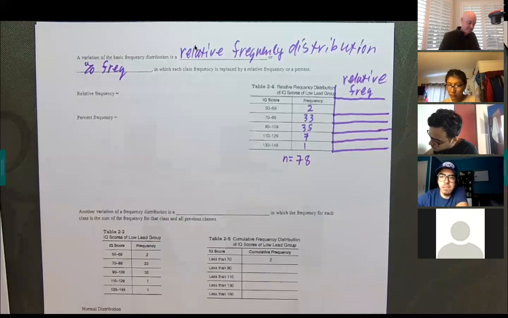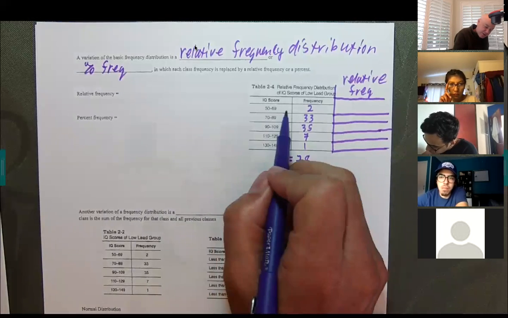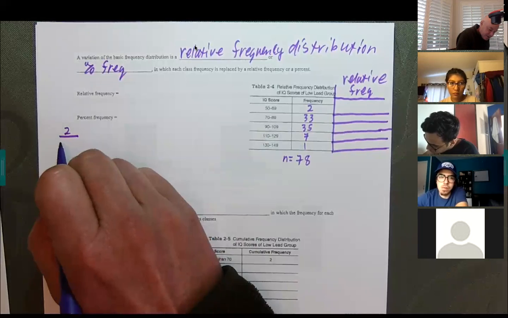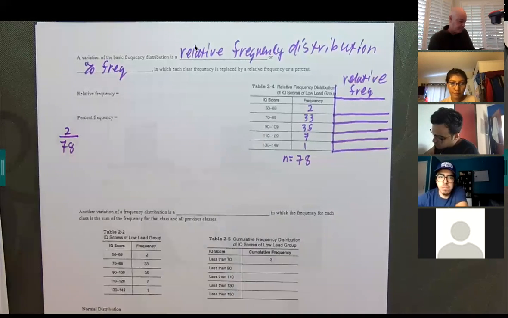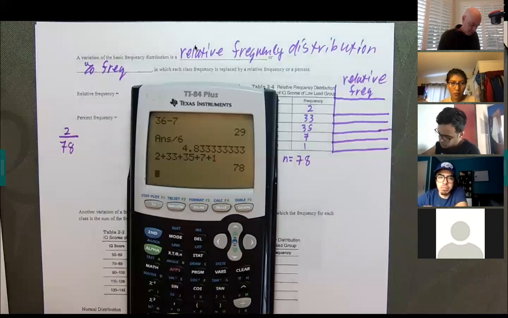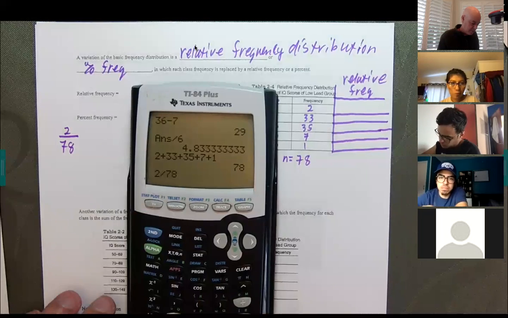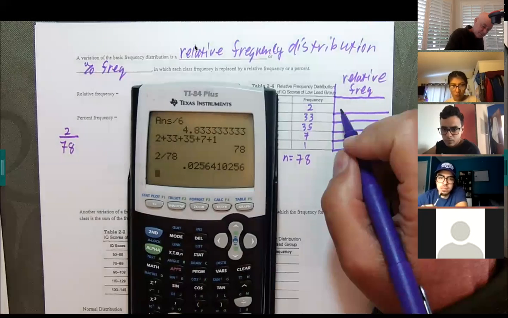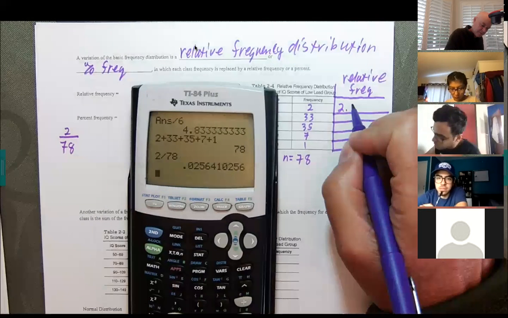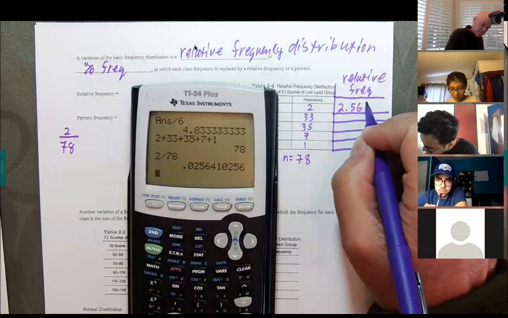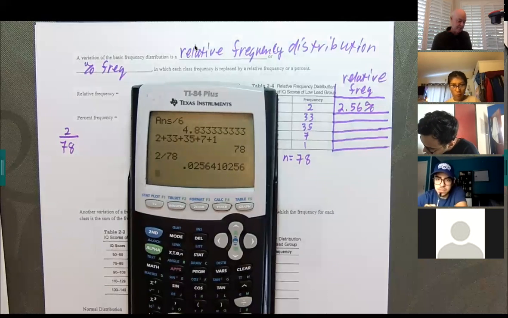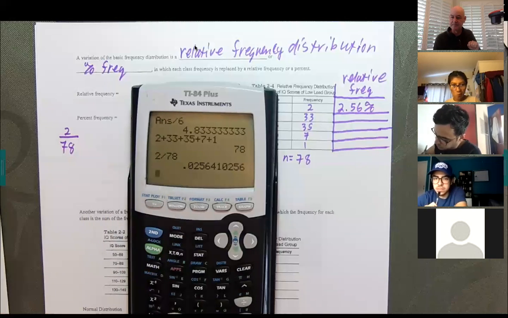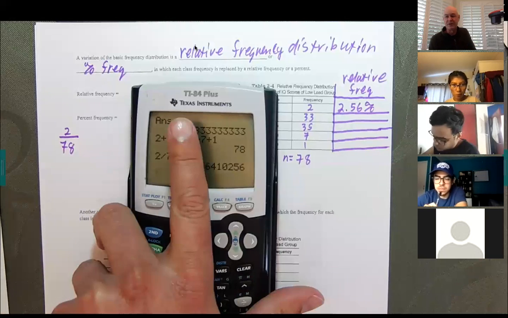And here's how we do this. I'm going to take the first class here, and I'm going to take the 2 and divide it by the 78. And that's going to be my percent. Right? To change the decimal to a percent, you've got to move the decimal over twice, right? Or times 100.